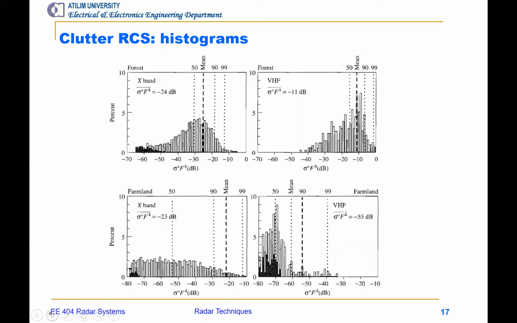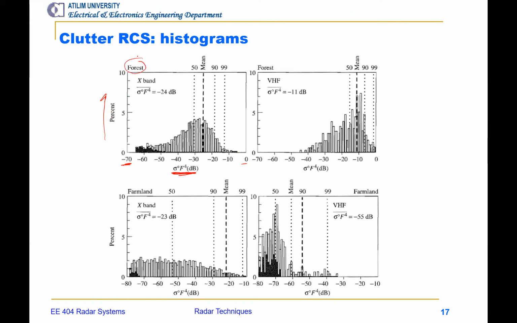Okay, in the slide, we can see clutter RCS for forest and farmland, for X band and VHF band. We can see the values of RCS from minus 70 to 0, not 0, less than 0. And the number of hits per set is indicated on the vertical axis.